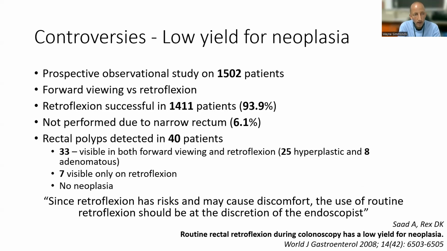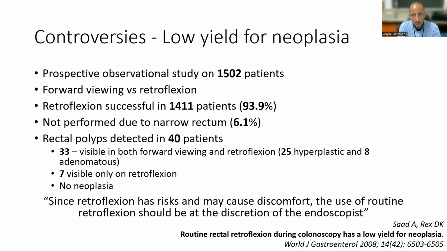The reason they couldn't retroflex in the 6.1% was the narrow rectum. Again, this idea of caliber should be emphasized. So on front viewing, you have to determine whether you can retroflex based on an estimation of the caliber of the rectum first. Rectal polyps were detected in 40 patients.